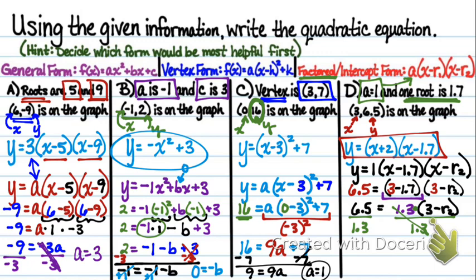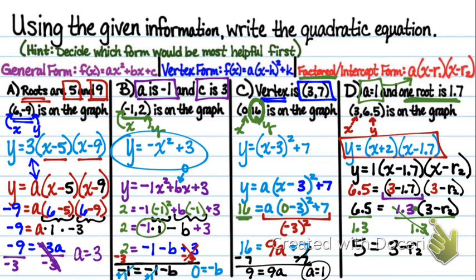Need to grab a calculator. I don't know off the top of my head. Yeah, that does come out to be a nice whole number. We get 5 equals 3 minus r2.